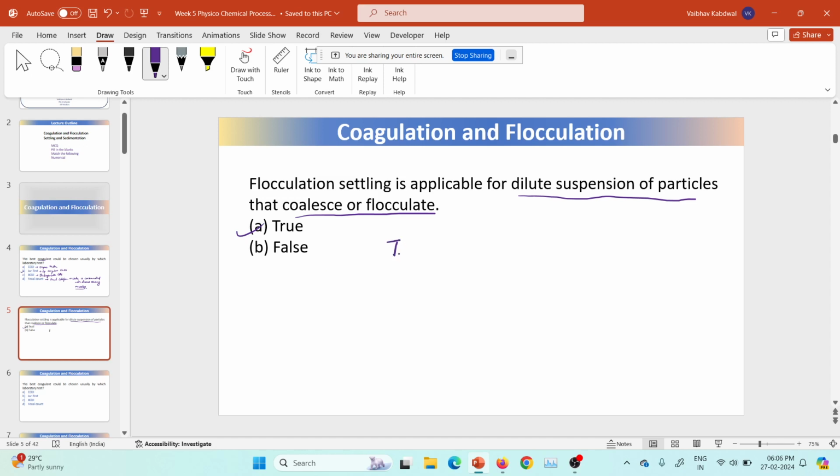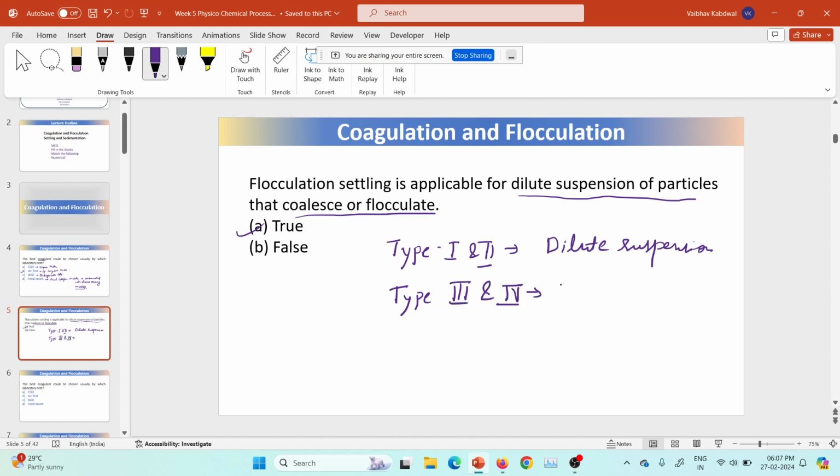So what we can conclude here is that in type 1 and 2 we have dilute suspension, but in type 3 and 4 the suspension is concentrated. Suspension will be a better word.